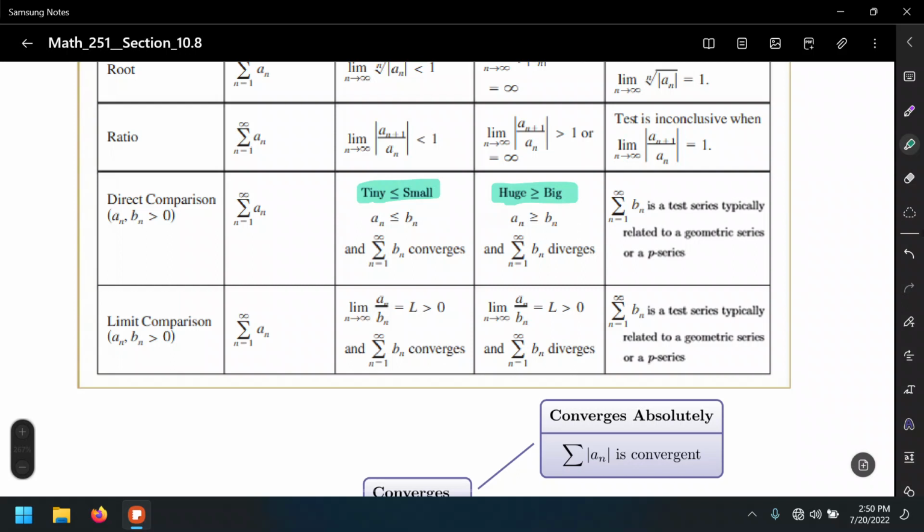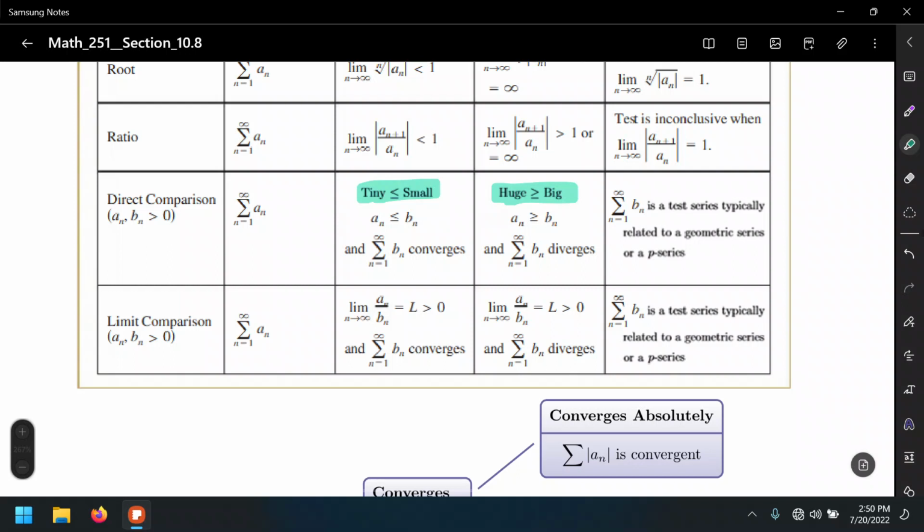You don't have to solve an inequality as long as you justify that, for example, for tiny less than small, you have a larger degree or a larger order in the denominator of the left-hand side, greater and greater on the right-hand side. Of course, as long as the inequalities make sense, check mark. That's all the argument that is needed. It's easier than doing the limit comparison. Like if the direct comparison fails, then you would lose.